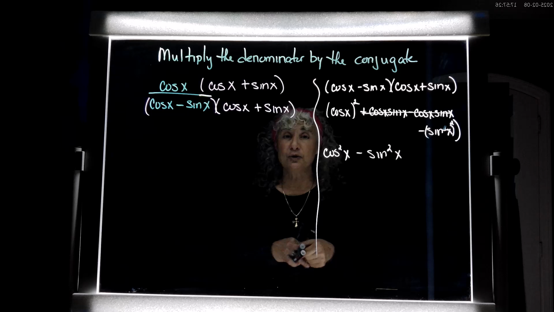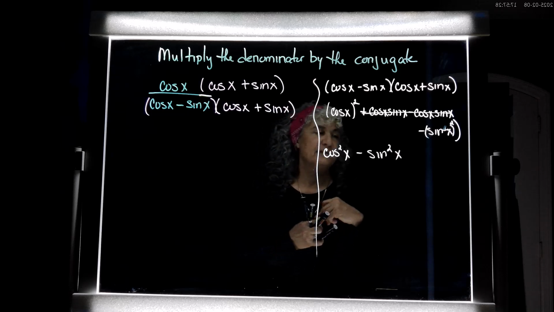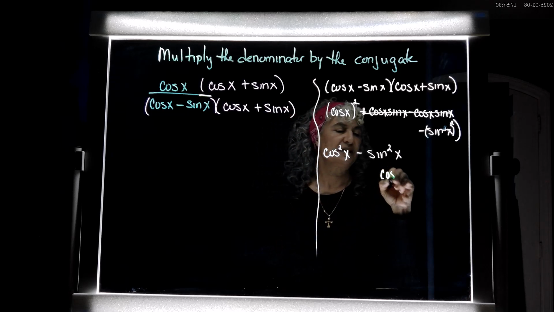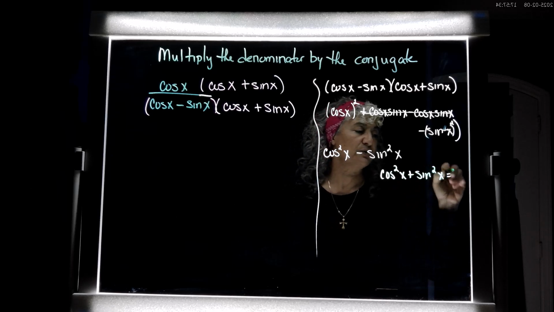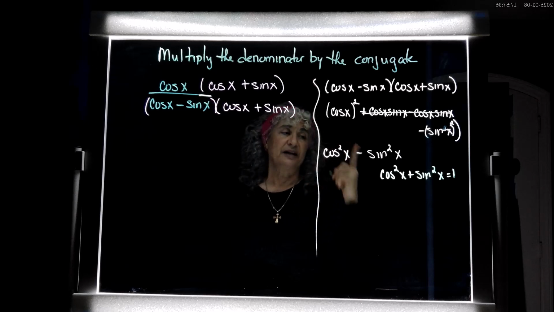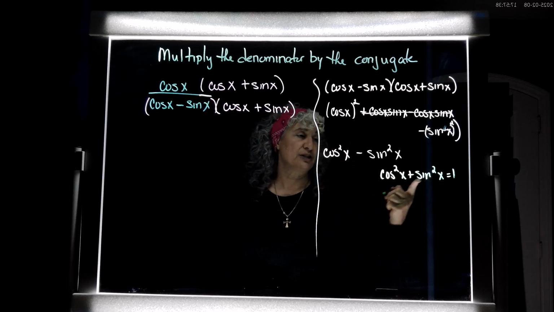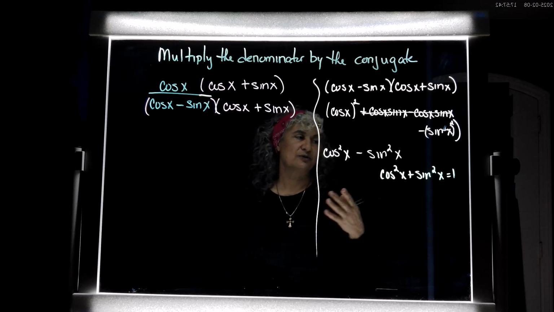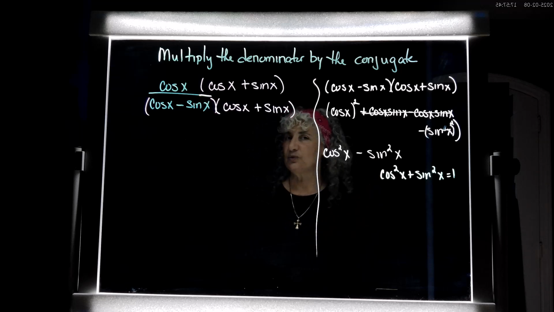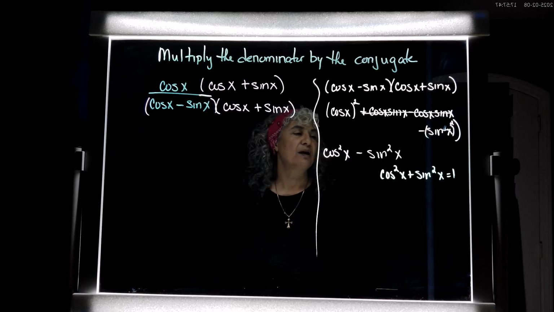The one used most often is cosine squared x plus sine squared x equals 1. Now, if this was an addition problem, I would just substitute a 1 in for that. But it's not. So you're like, so what am I going to do? Well, here's the deal. We have options.